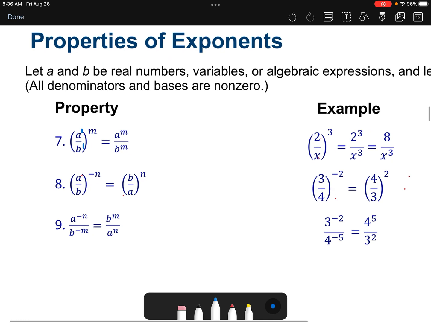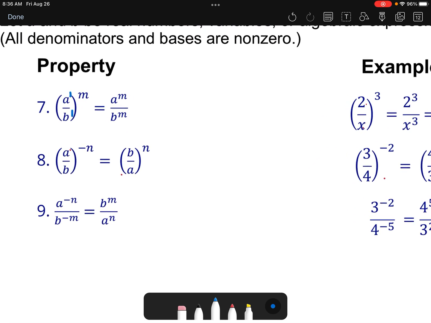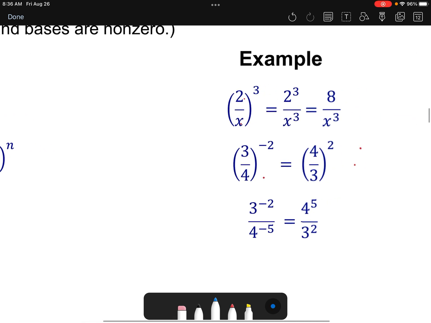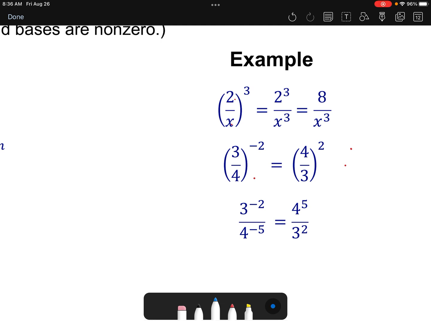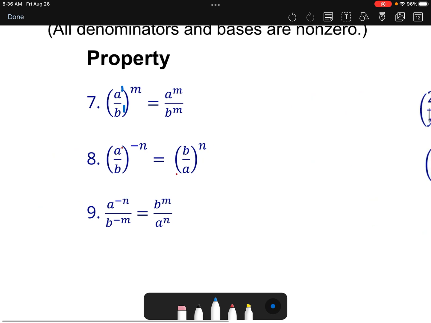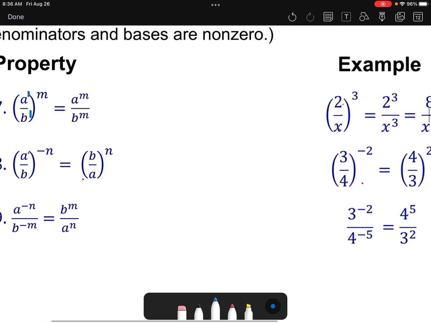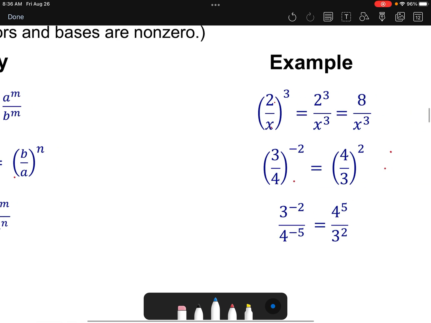Now there are some other properties that we really need to focus on here. And number 7, a over b to the m is really a to the m over b to the m. So 2 over x quantity cubed is 2 cubed over x cubed, which is 8 over x cubed. a over b to the -n, we could flip it and make it b over a to the n. I suggest you not do that.